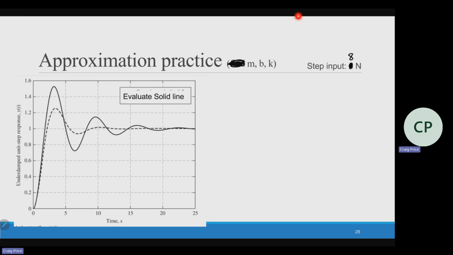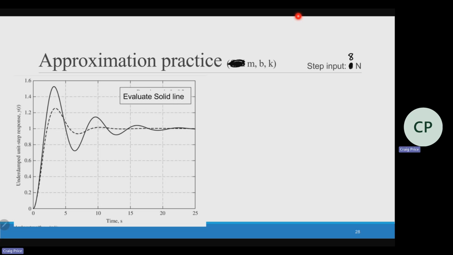So I do need your help. Should I just guess 3 numbers and call it good? So mass is 1, B is 1, K is 1. We're good. Let's move on.